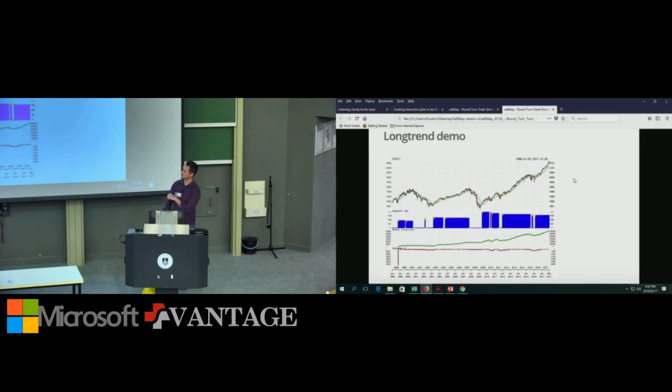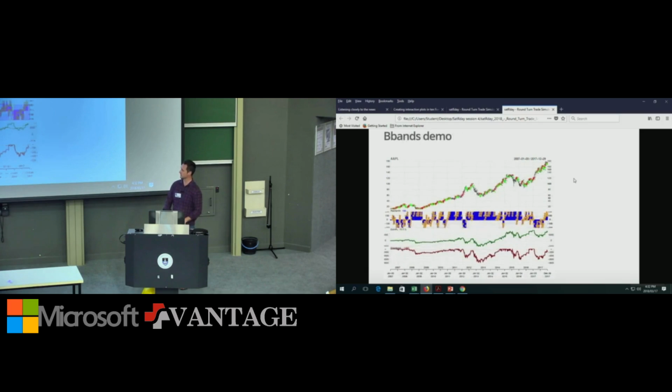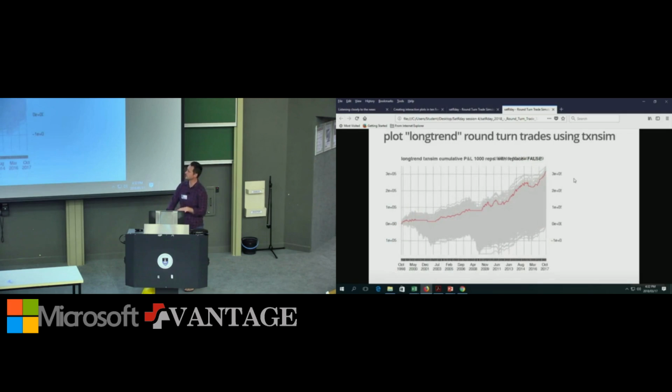That's an output of the long trend demo to give you an idea of flat to flat. On the blue bar chart, it's the position fill, so you can get an idea. That's B-bands, so a lot busier. You can see there's layering, so you're entering multiple positions before you're closing out. This is the transaction sim plot for long trend.